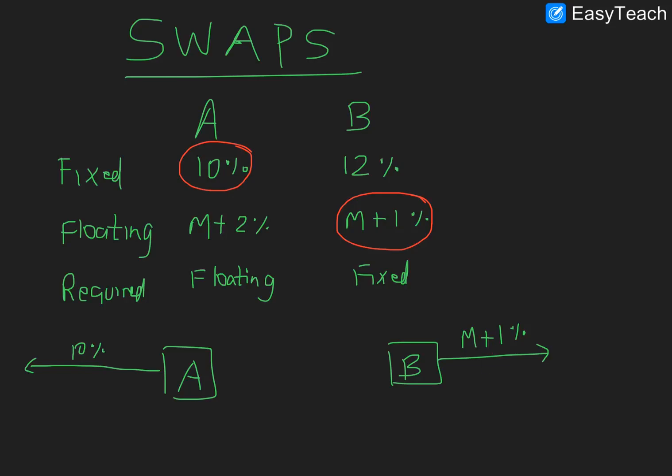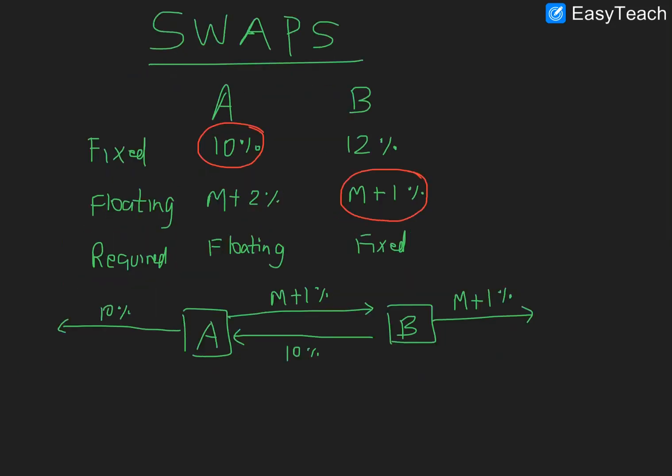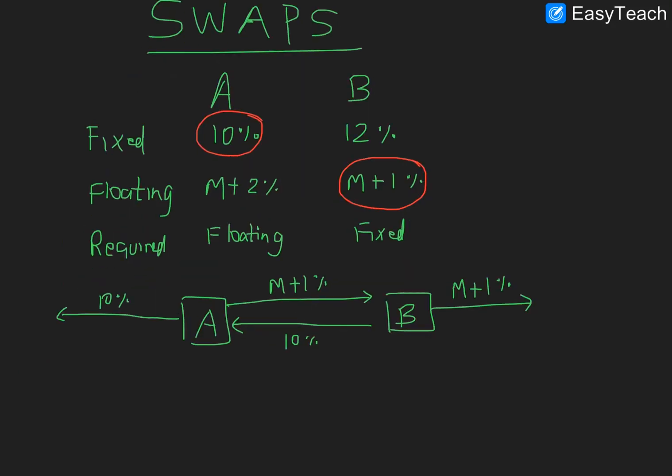Okay, so A will say, take this MIBOR plus 1% at regular intervals from me, that is, I'm going to pay your interest. And you do one thing, you pay me my obligation, 10%.